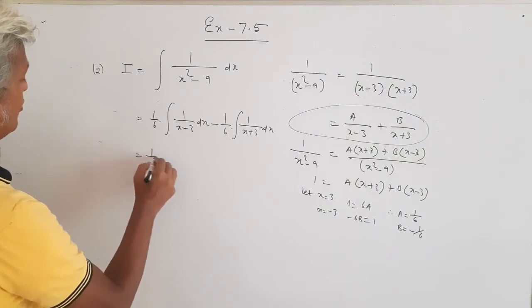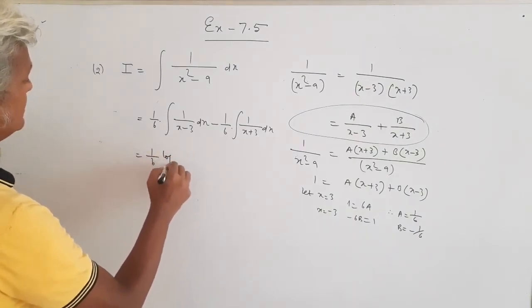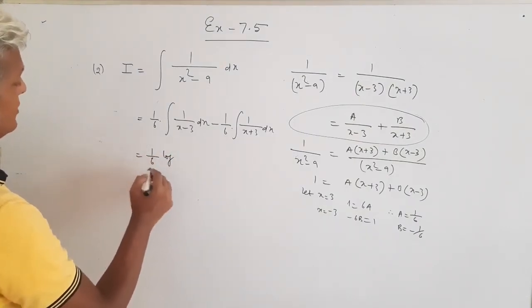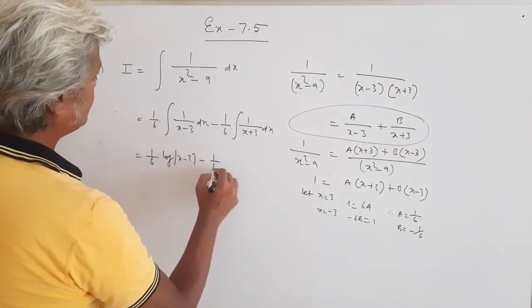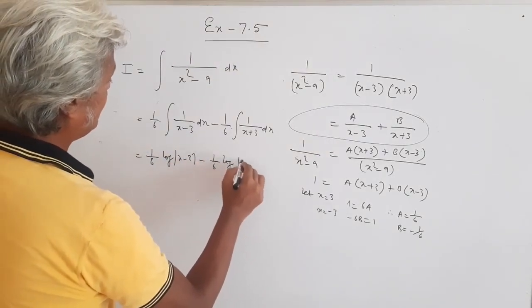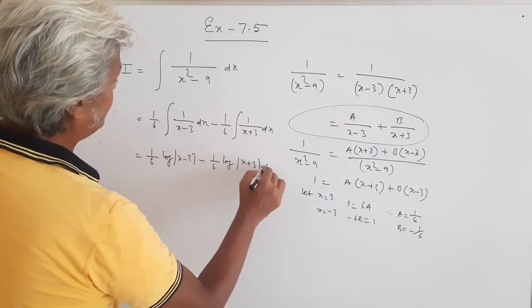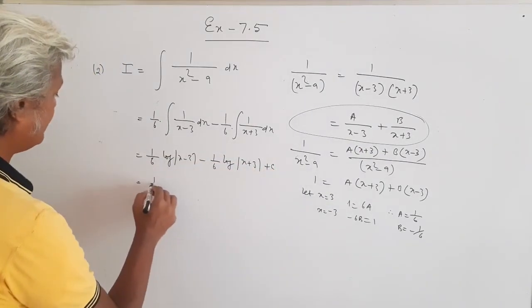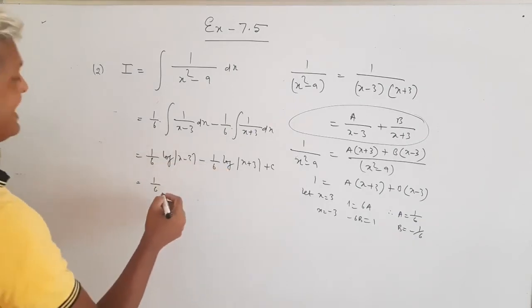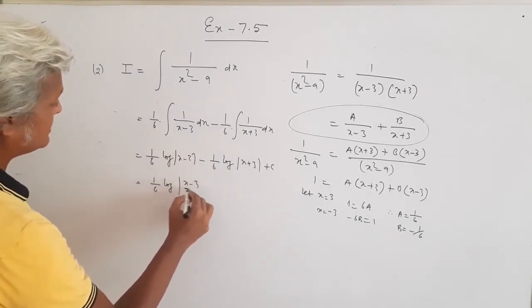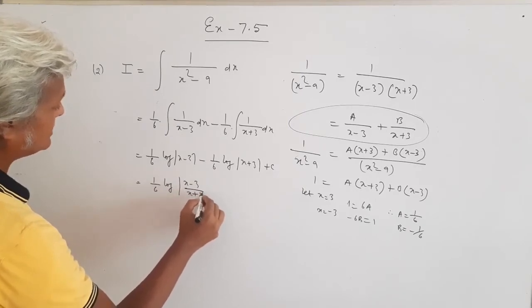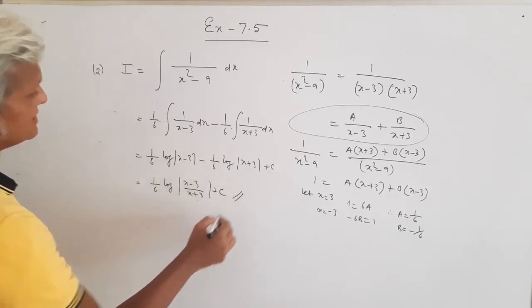This is 1 over 6 log mod x minus 3 minus 1 by 6 log mod x plus 3 plus c. Take 1 by 6 common, and log m minus log n is log m over n. So 1 over 6 log mod (x minus 3 over x plus 3) plus c. This is the way it will be solved.